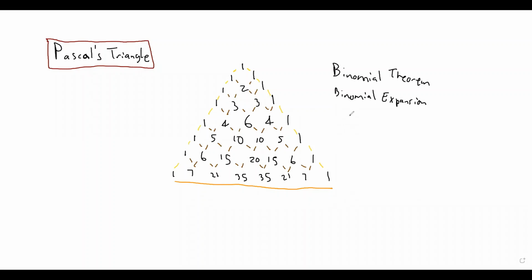So let's say you have A plus B raised to the power of n. Remember that anything raised to the power of 0 is 1. So technically this is to the 0th degree, and this is 1, 2, 3, 4, 5, 6, 7th degree. Does that look familiar?